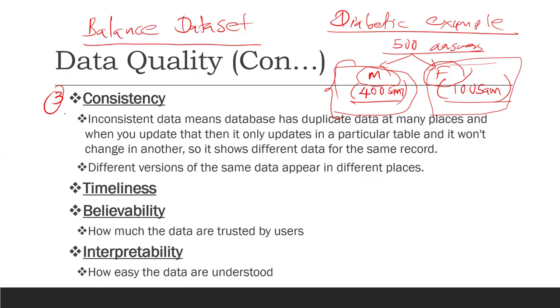While you are doing research, you will face these types of things. We cannot say we are collecting exactly the same number of instances for all classes. If you look here, he has 400 diabetic patients who are male and only 100 female diabetic patients. So this data set is not balanced. We can call this an imbalanced data set.